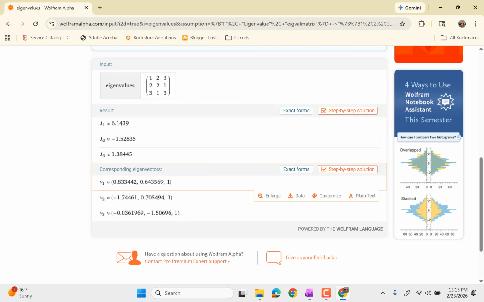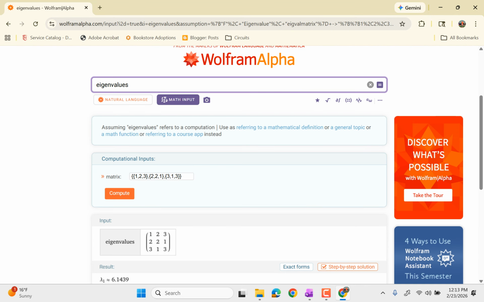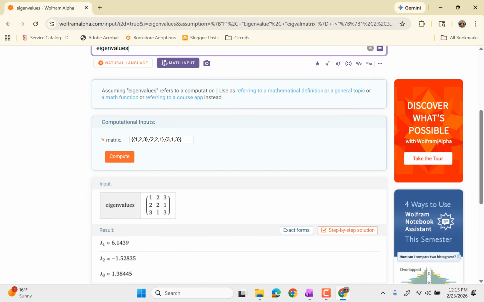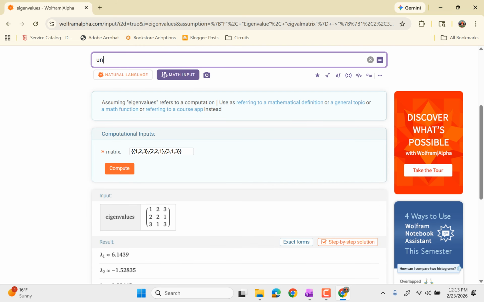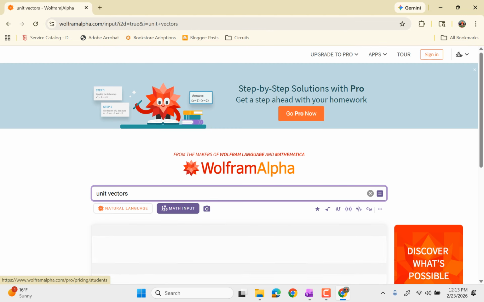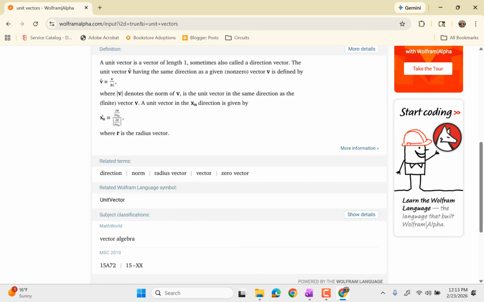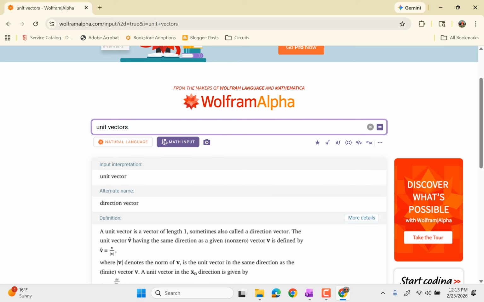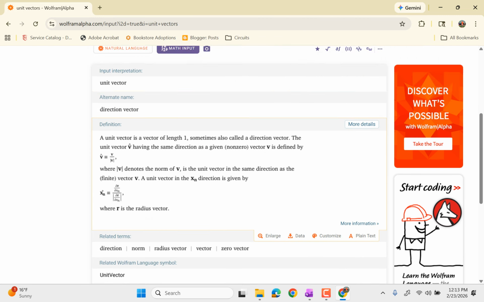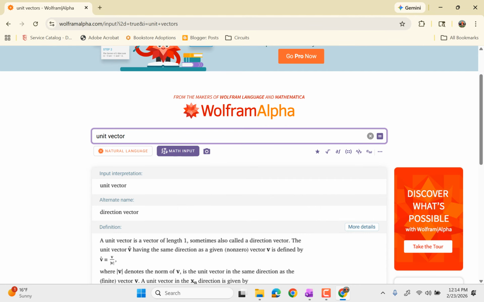It doesn't seem to want me to copy and paste that, but we got 0.833, 0.644, and 1. Okay, so I'm going to go to unit vectors. And I'm going to type in... I want to do it. I just had it. What happened?